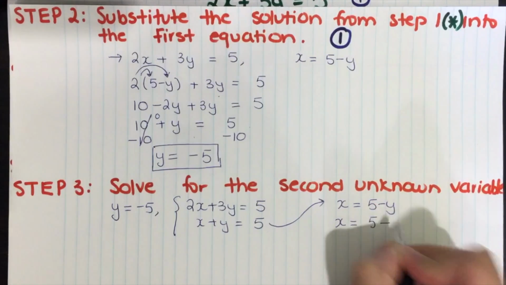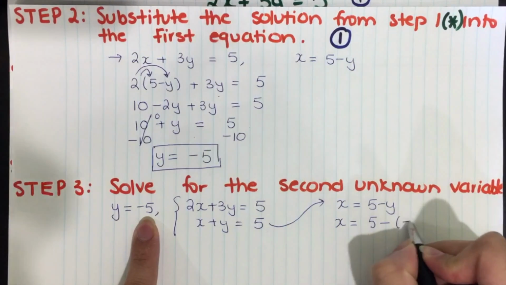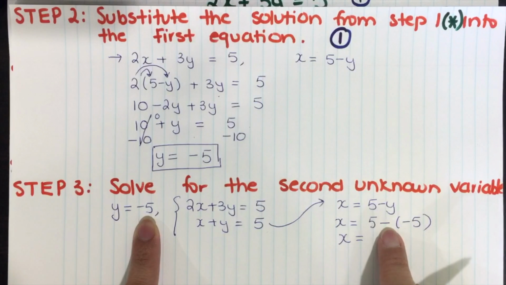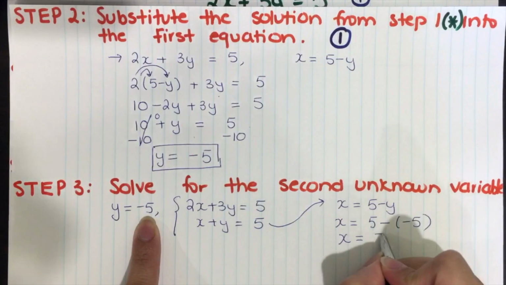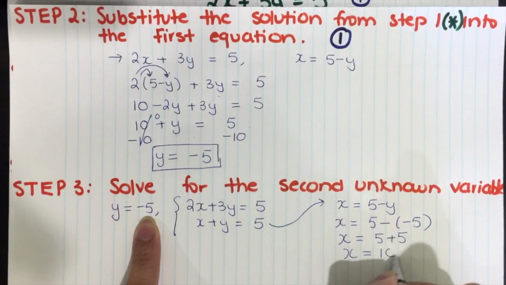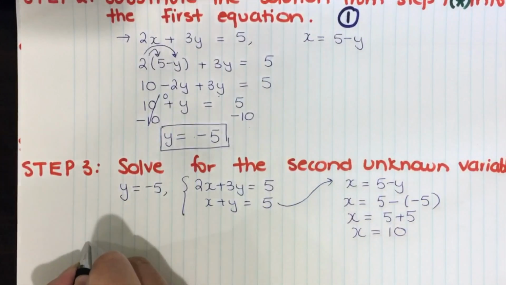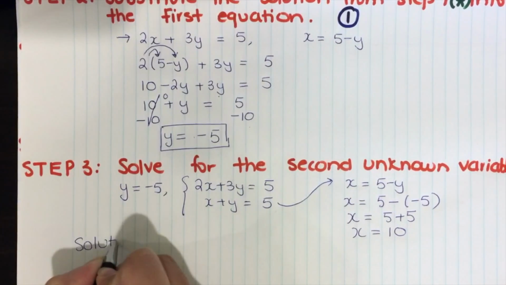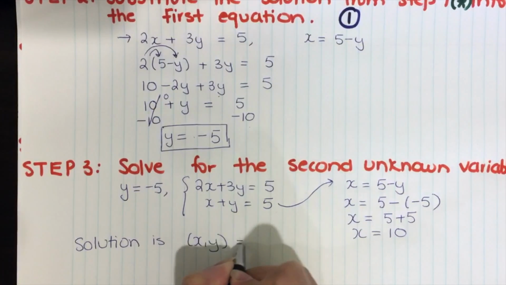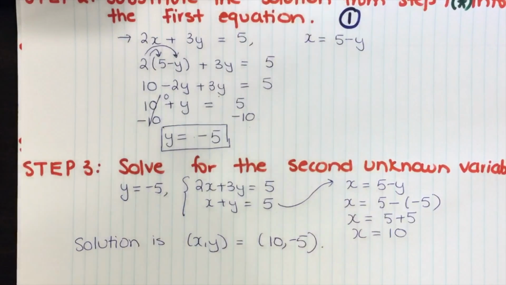So 5 minus, remember to carry the minus, minus 5, so x equals, this minus and minus becomes a positive, so x equals 10. So our solution is, for x comma y, 10 comma negative 5.